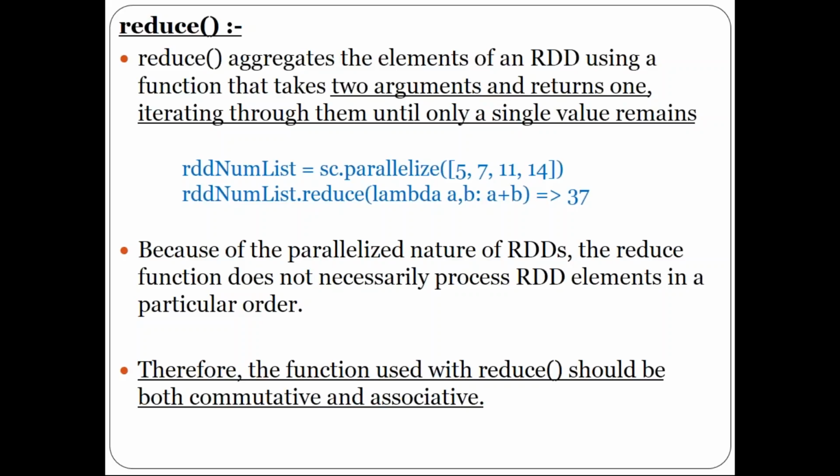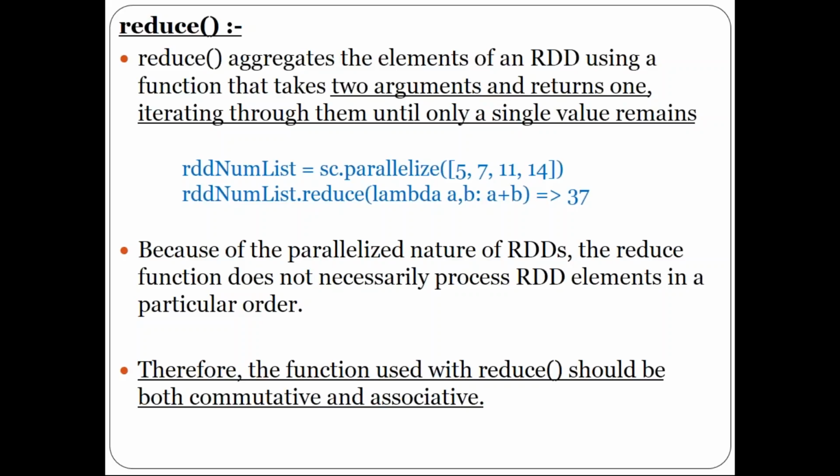Reduce means minimize. Okay, now here reduce aggregates the elements of an RDD using a function wherein it takes 2 arguments and returns 1, iterating through them until only a single value remains. I repeat that. It is taking 2 arguments and returning 1, iterating through them until only a single value remains.